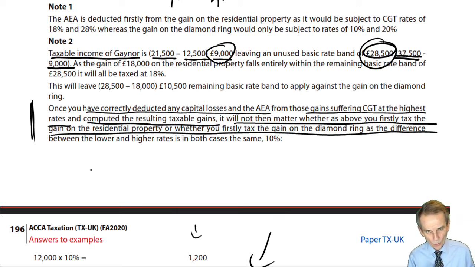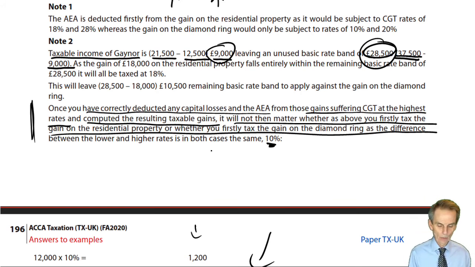And the reason why it doesn't matter is because the differentials between the two rates are both 10%. You move from 10 to 20, or you move from 18 to 28. So whichever order, you are still going to have the same amount of gains there to be taxed. And as that difference between the rates is exactly the same, it doesn't matter which one gets the higher 10%.